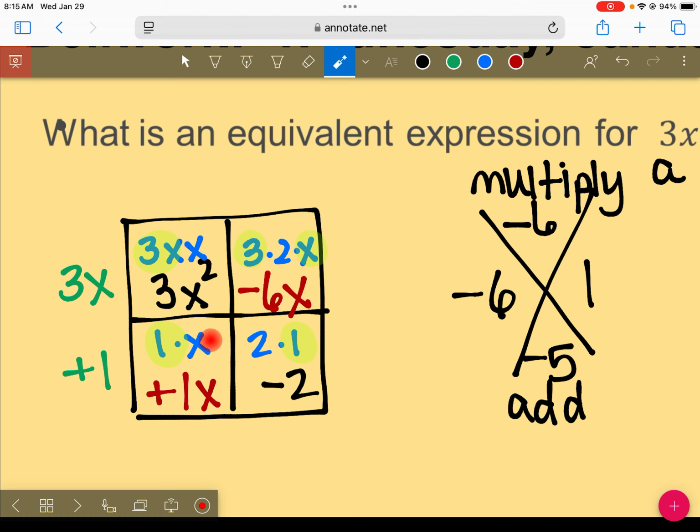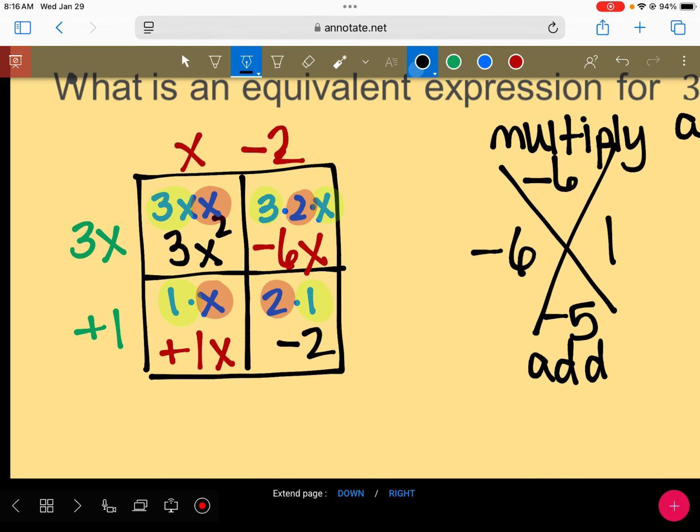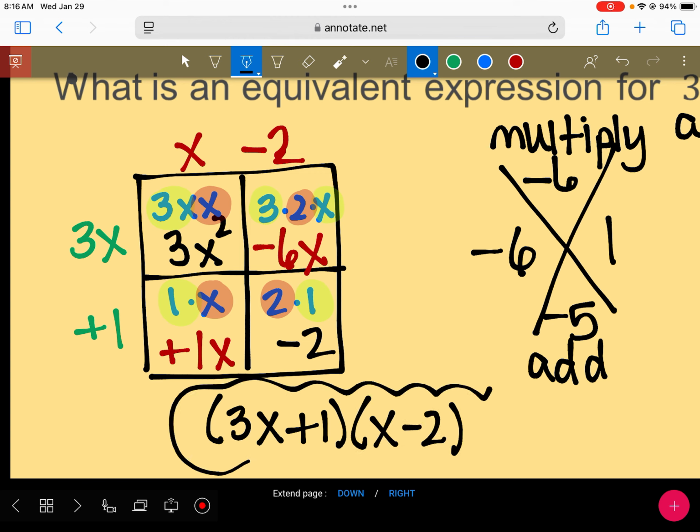The only thing left in these 2 boxes is an x and a 2. We're going to take out an x and a 2, except the 2 has to be negative because it's touching a -6. So your equivalent expression would be 3x plus 1 and x minus 2.